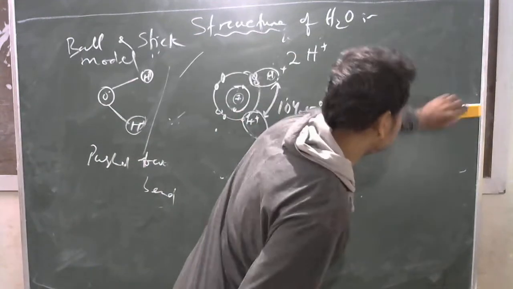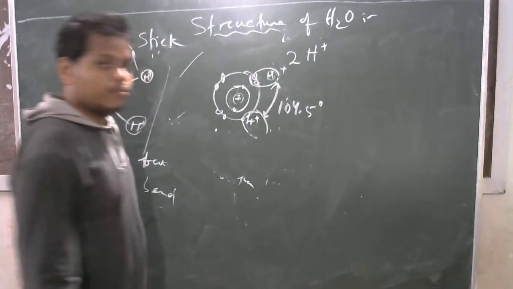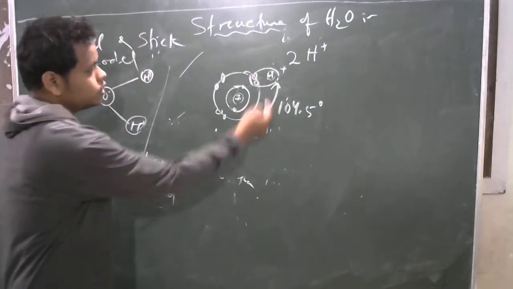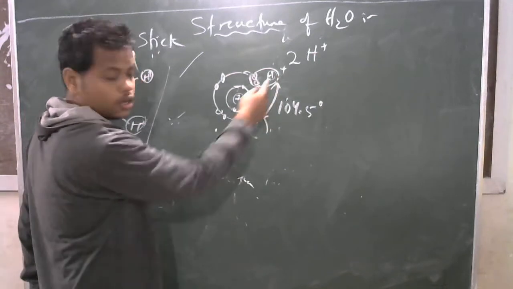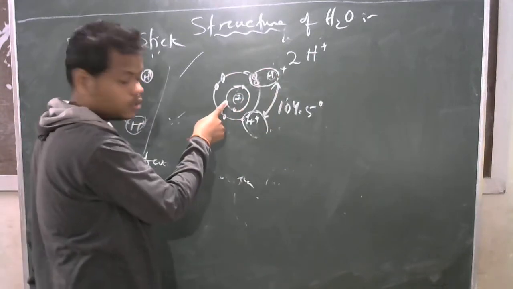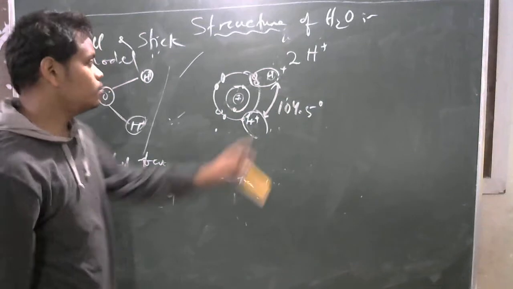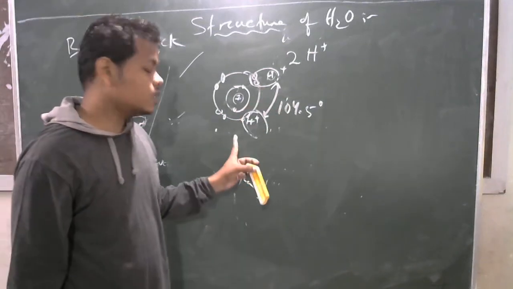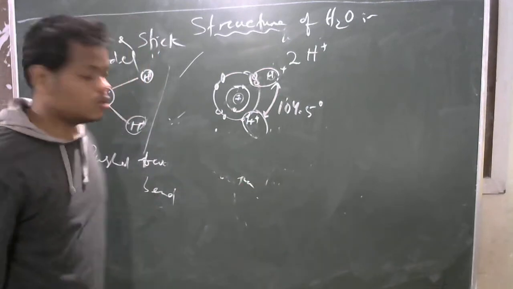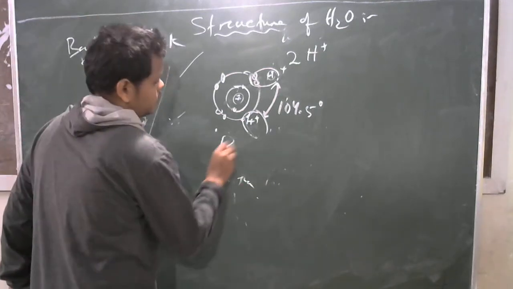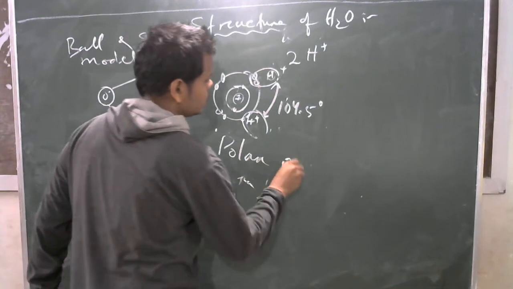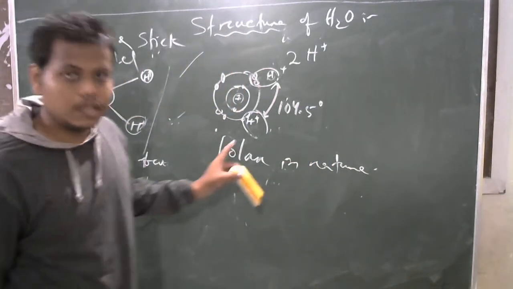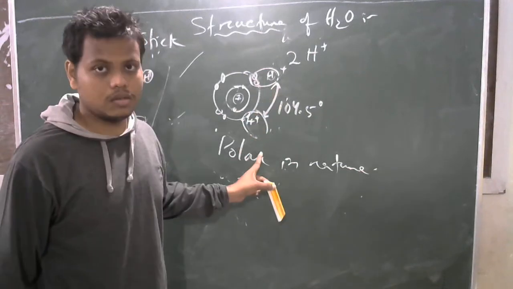Due to this charge separation between two ends, one end acts as positive due to the presence of hydrogen, the other end acts as negative as the oxygen is there. Due to this positive and negative charge separation, water is also called polar in nature. Polar in nature means polarity is developed due to the charge separation.